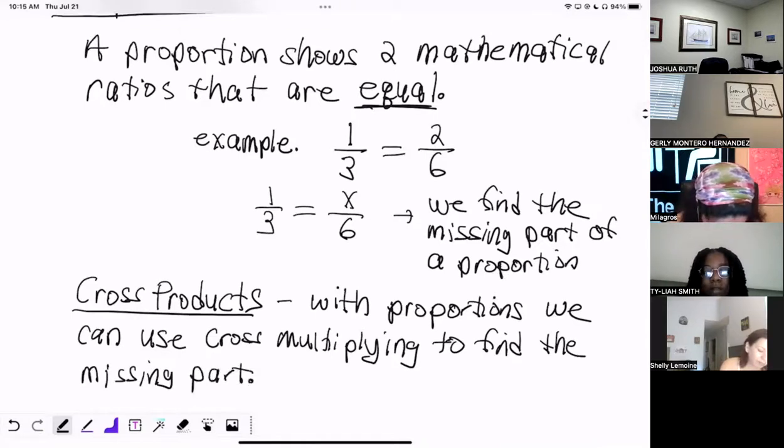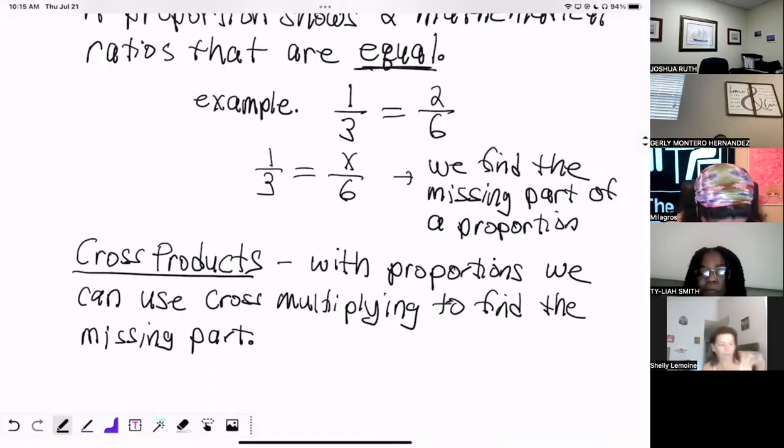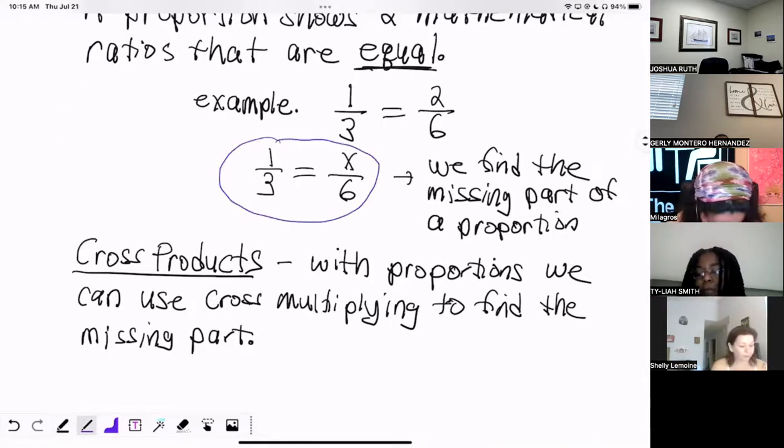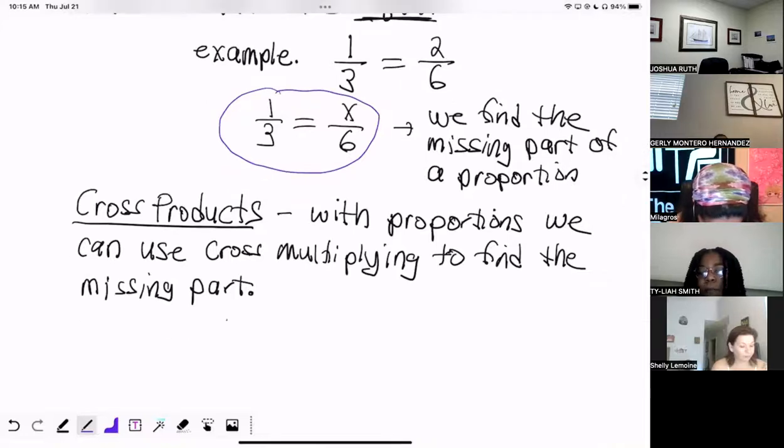Actually, there's really two ways to do it. Most of the time, everyone just goes cross multiplying, cross products. It's awesome. It works every single time. So I'm going to go back after you write that down. I'll wait. I'm going to go back to this proportion I wrote up here, and I'm going to show you the two ways I can solve for that. So I'm actually going to write it again. 1/3 is equal to x over 6.